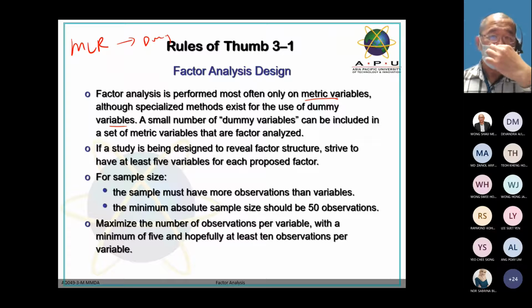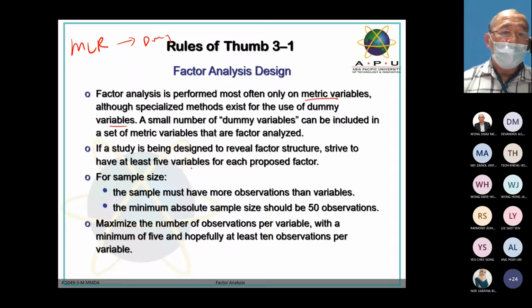A small number of dummy variables can be included in the set of metric variables that are factor analyzed, but here we are not going to touch the dummy variable, only the basics of factor analysis.